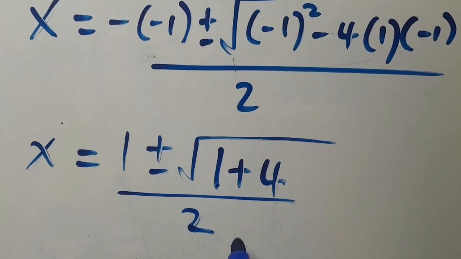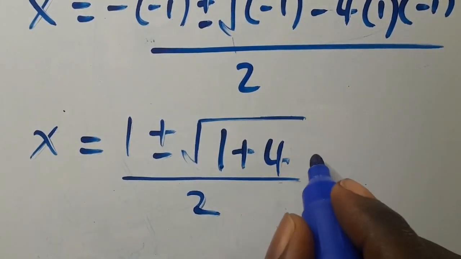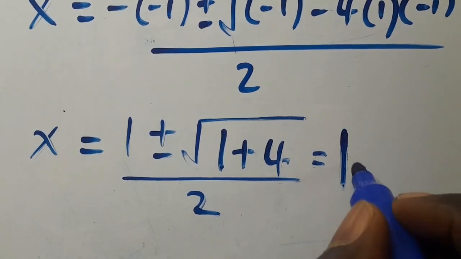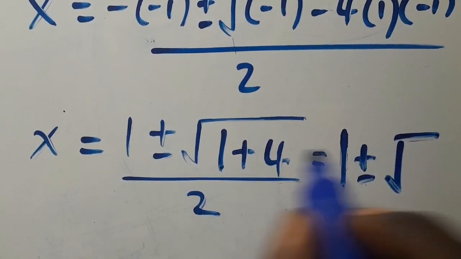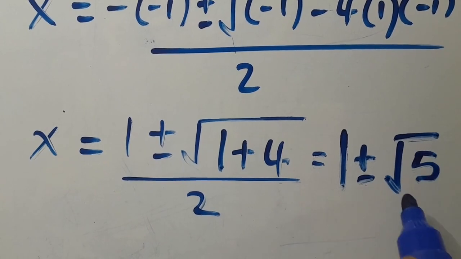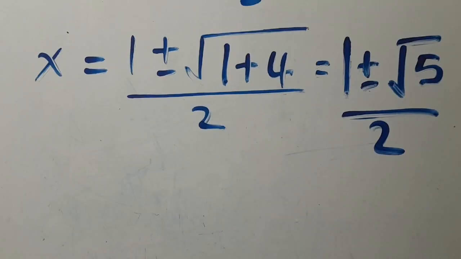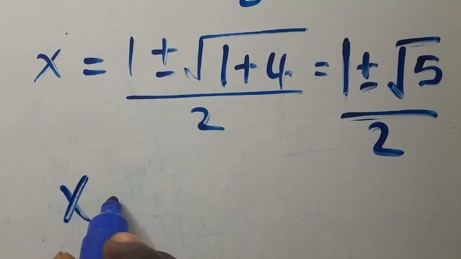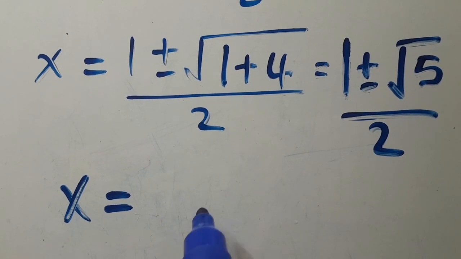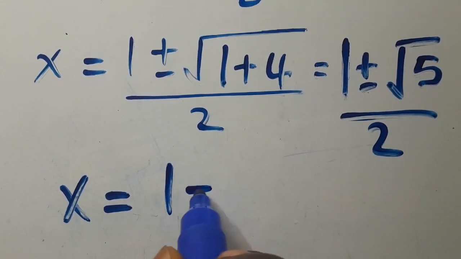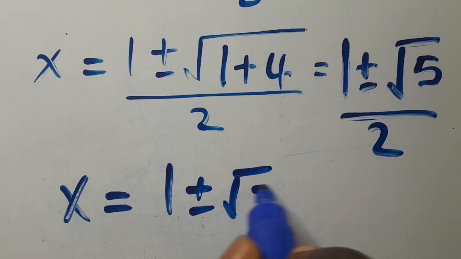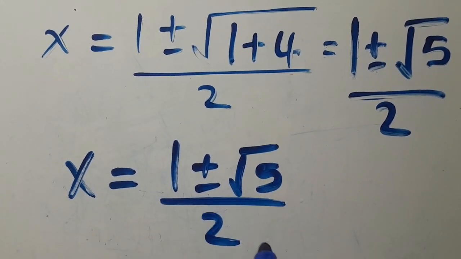Then divided by 2. And mind you, this equals 1, positive or negative, root of 1 plus 4, which is 5, divided by 2. Then we have our x equals 1, positive or negative, root of 5, then divided by 2.